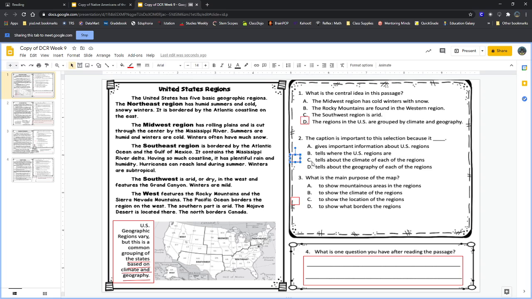See, I think for question 2, the best answer choice is answer choice B. Tells where the U.S. regions are. Because it does tell us the geographic regions vary, which means it's not always the same, but this is a common grouping of the states.